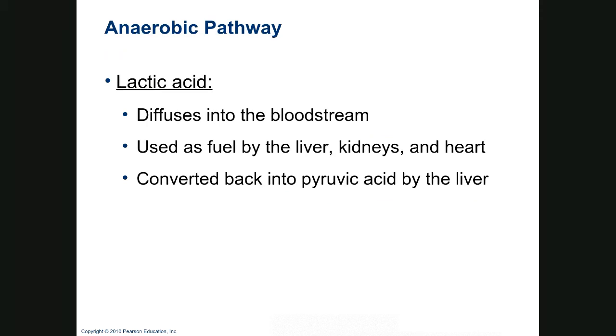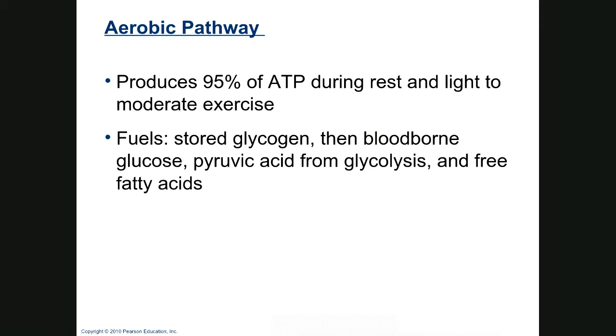Now, lactic acid will then diffuse into the bloodstream to be used as fuel later. Then it'll be converted back into pyruvic acid in the liver. Now, if you overdo exercise, lactic acid buildup is a specific chemical that makes your muscles sore. So rather than sit around and complain, you need to get up and work that lactic acid out of those muscles.